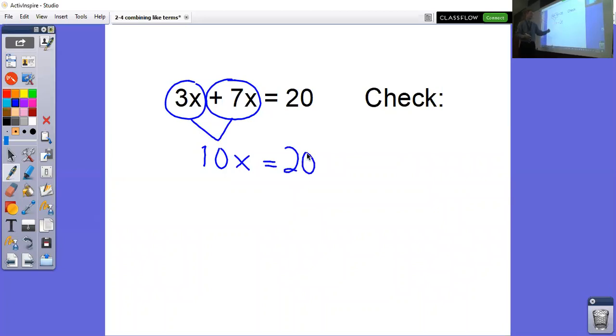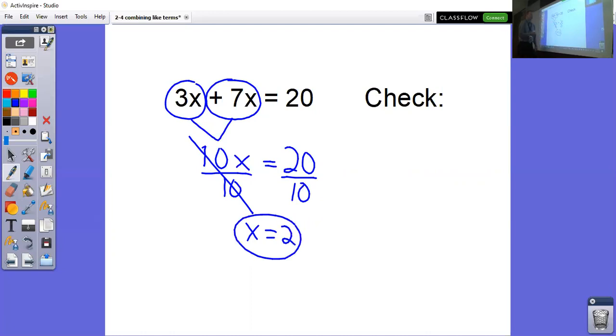Now it's just a one-step equation. This says 10 times x. The opposite of times is divide. So divide by 10, whatever you do to one side of the equal sign, you have to do to the other. Those 10s cancel out. Bring down your x, bring down your equal sign. 20 divided by 10 is 2. X equals 2 is our answer.